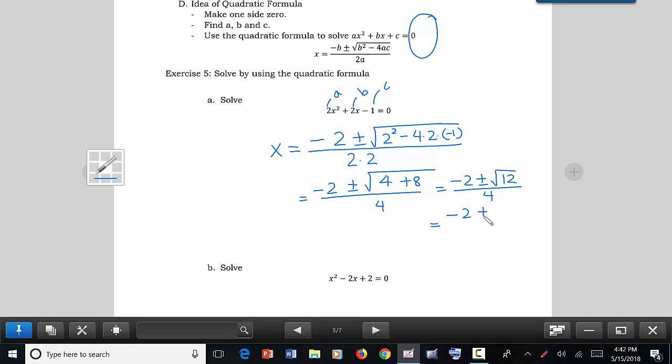Square root of 12, if you reduce, will be 2 square root of 3, divided by 4. Now let's cancel everything by 2 on the top and bottom. So what we got is negative 1 plus or minus square root of 3, over 2. That's the complete answer.